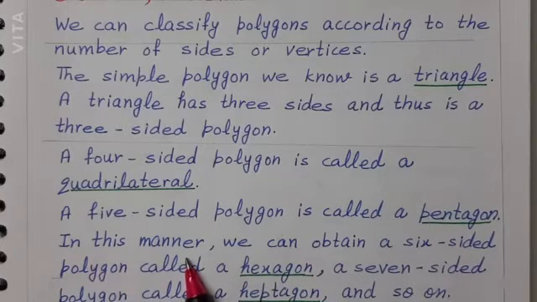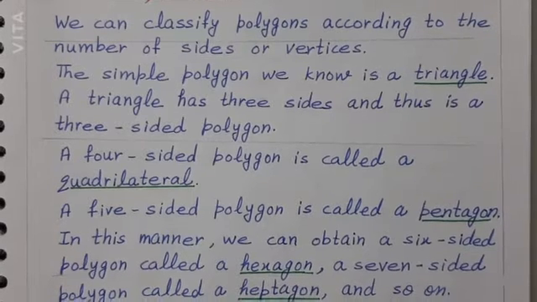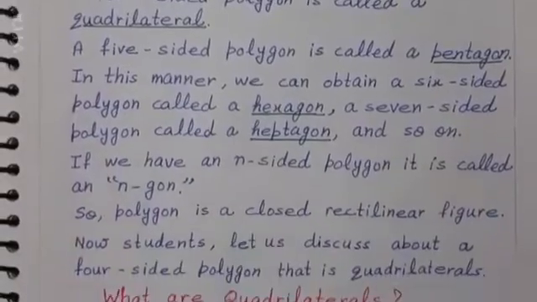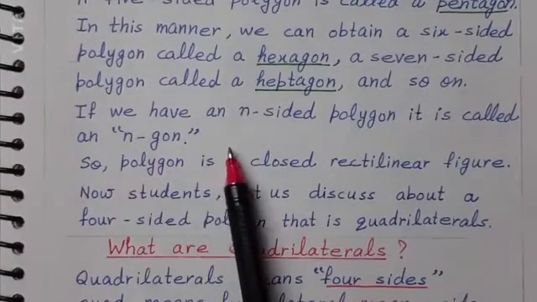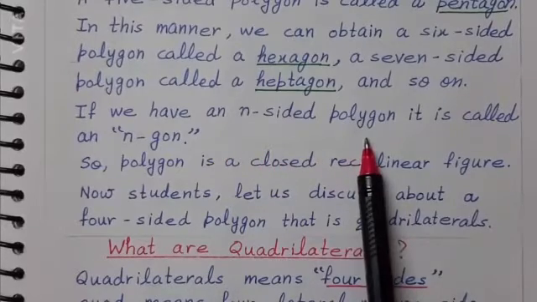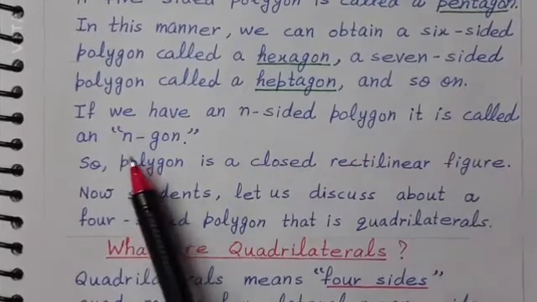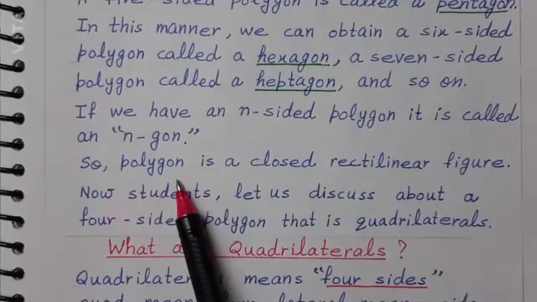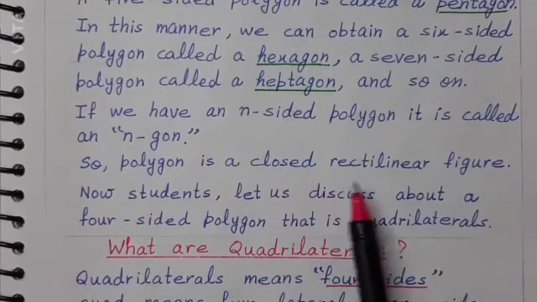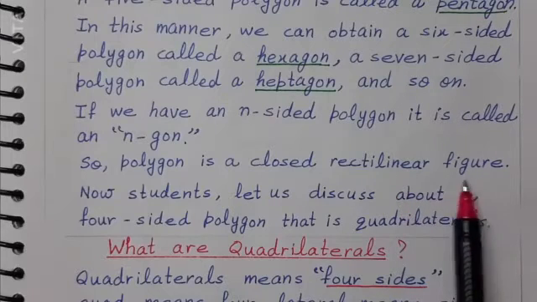In this manner, we can obtain a 6-sided polygon called a hexagon. A 7-sided polygon is called a heptagon, and so on. If we have an n-sided polygon, it is called an n-polygon. So, a polygon is a closed rectilinear figure.